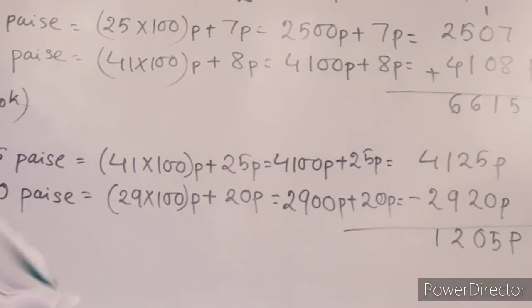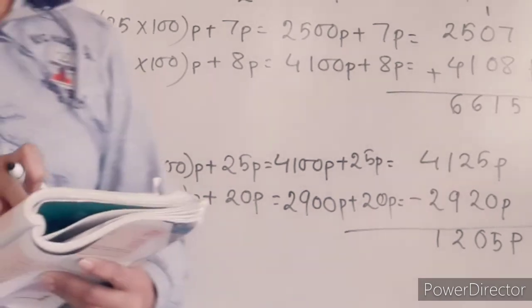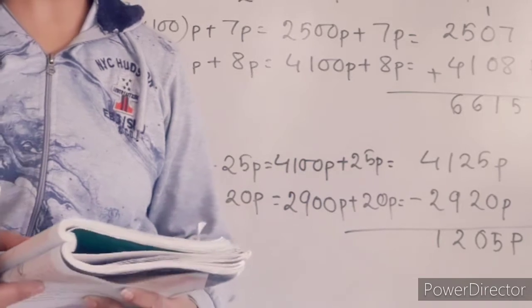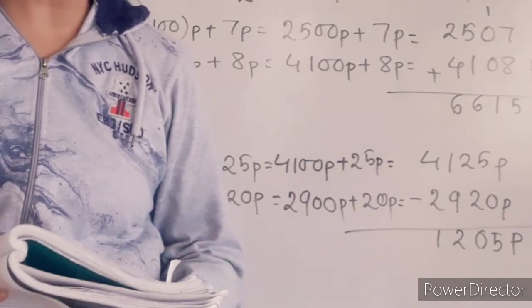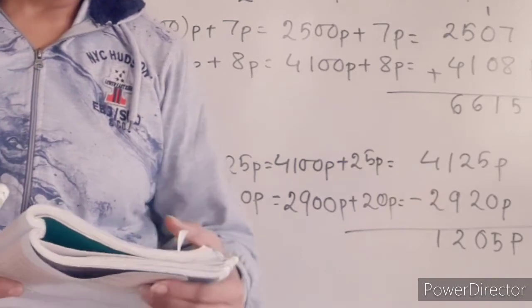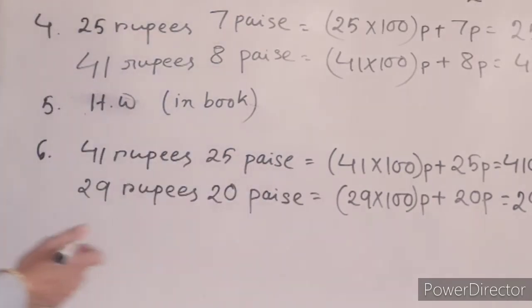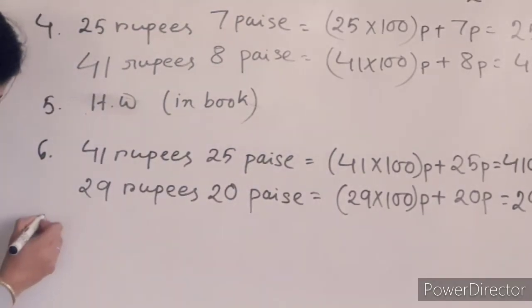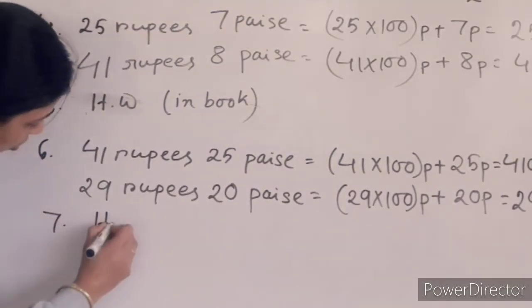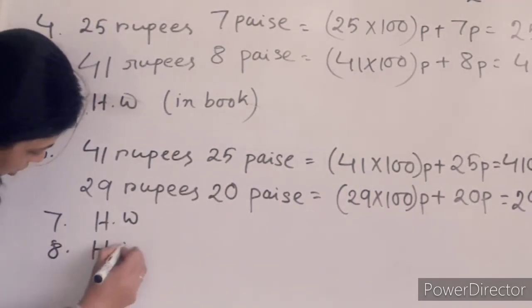Now 7, you will solve it in your book, and also multiplication, because I have already done subtraction and multiplication in my previous video. So student, first you will try to solve it. If you can't do it, then you can ask me. Question number 7 and question number 8 are also your homework.